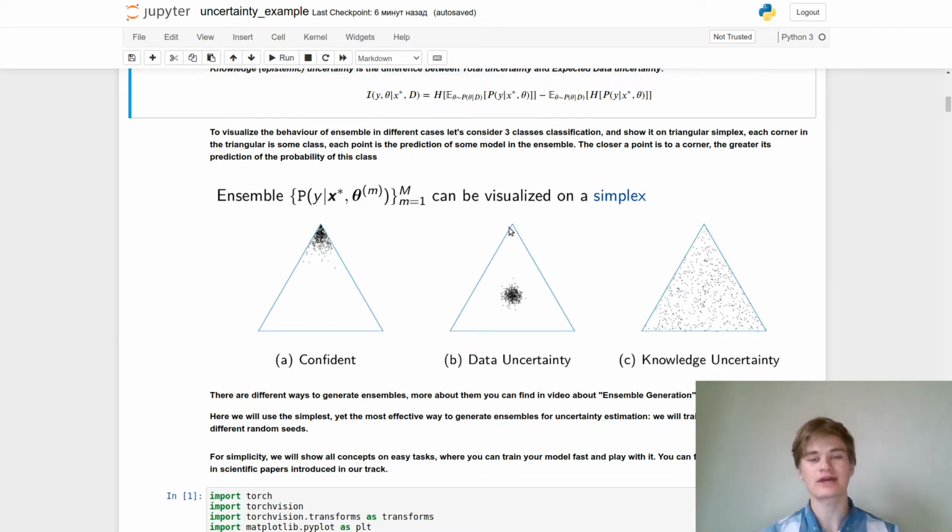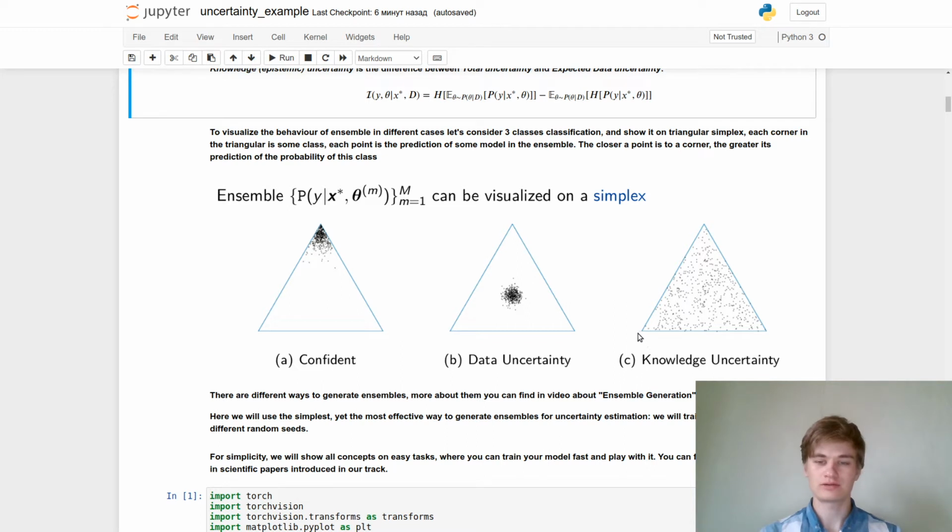If we have high data uncertainty, then each model is not confident about the prediction, so the distribution of probabilities over classes looks more or less uniform. So each model gives equal probability for each class.